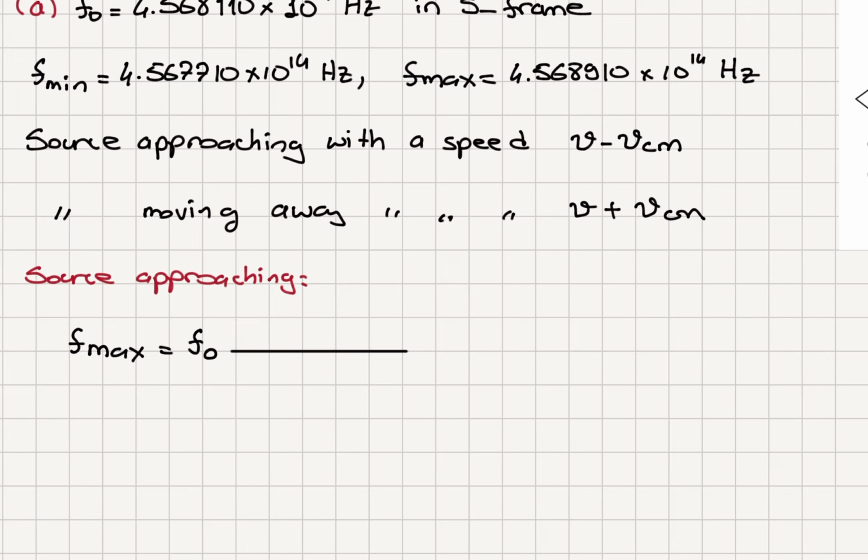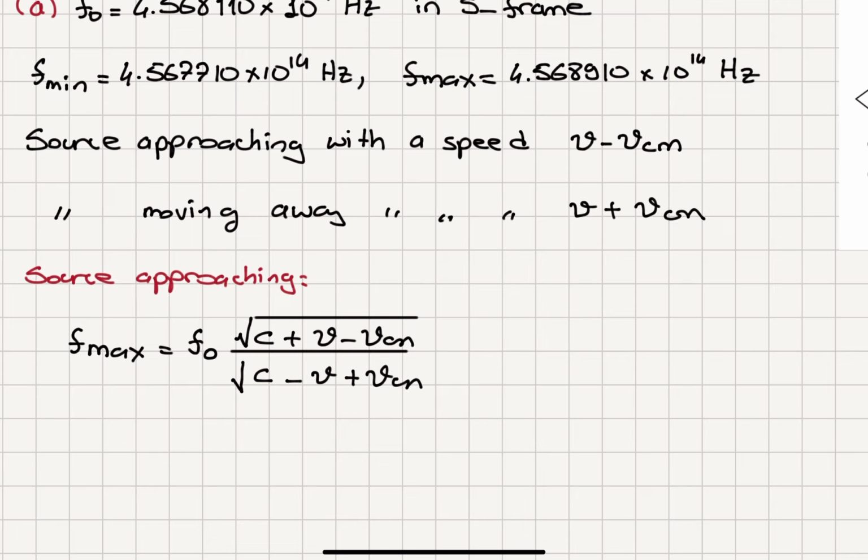Here, for the top star that is approaching with a relative speed v minus v center of mass, it is square root of c plus v minus v center of mass, divided by square root of c minus v plus v center of mass.